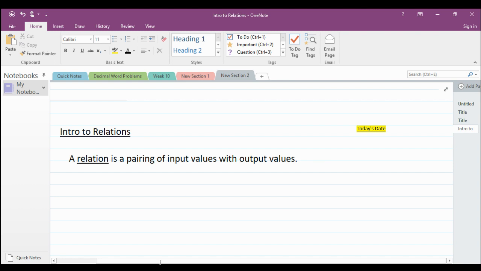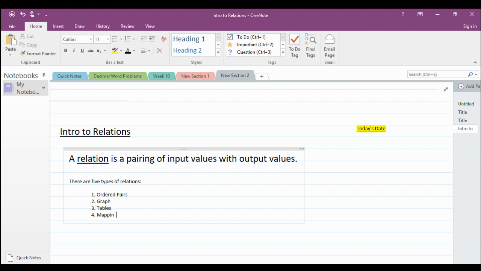And so in math class, we have 5 types of relations. There's ordered pairs, which we did in our bell ringer the other day. There's the graph of those ordered pairs. Tables. A new one that you might not have known before, mapping diagrams.